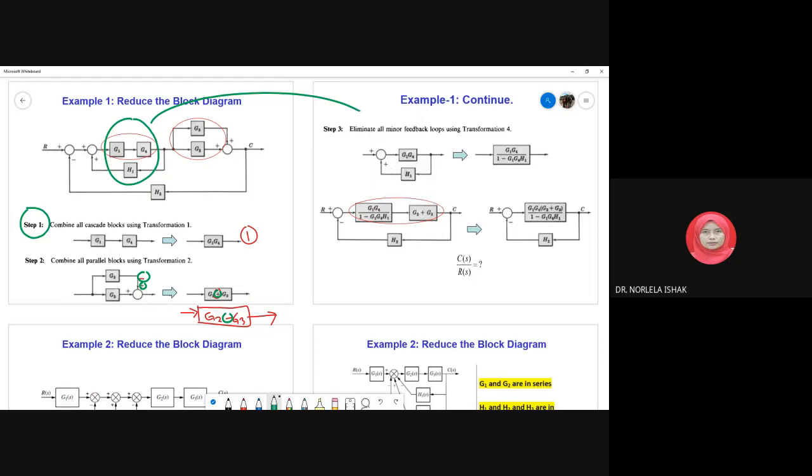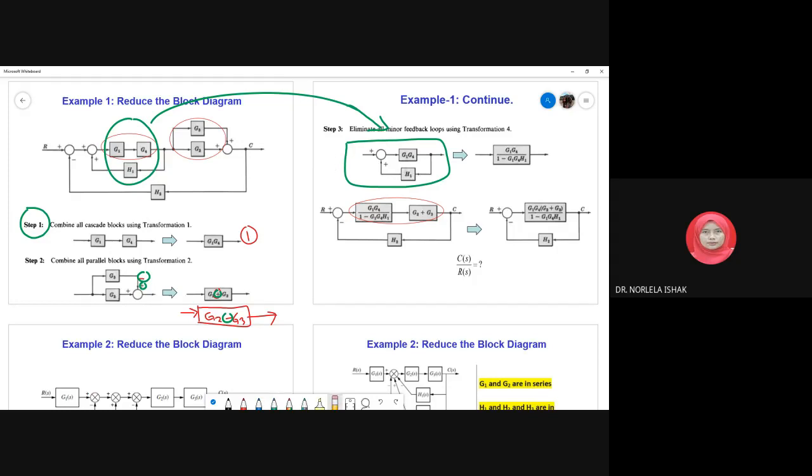So what type of connection is this one? It's a feedback, right? Is it feedback or parallel? For this one, step 3, feedback, right?